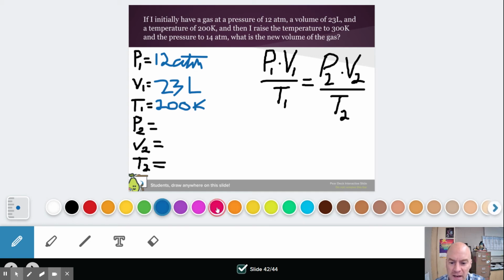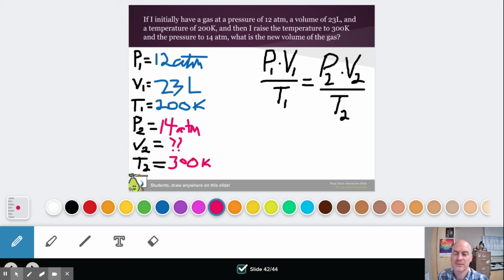For after, let's see, 300 kelvins, and then the 14 atmospheres. And so then that makes volume my unknown.